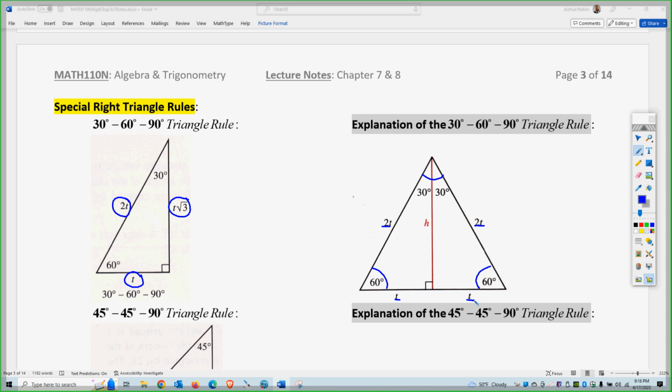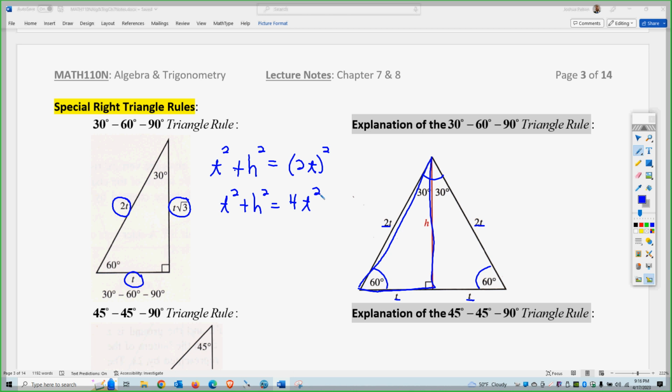Well, if I do the Pythagorean theorem, I'm going to get t squared plus h squared equals 2t squared. So essentially I'm only taking one triangle, right? So I get t squared plus h squared equals 4t squared.